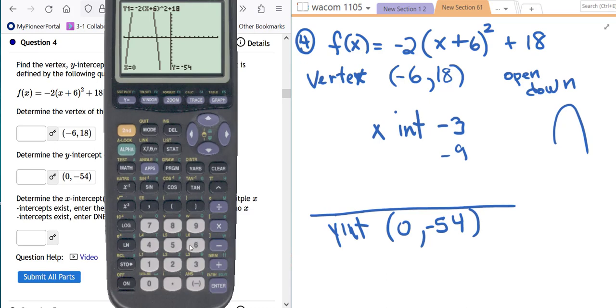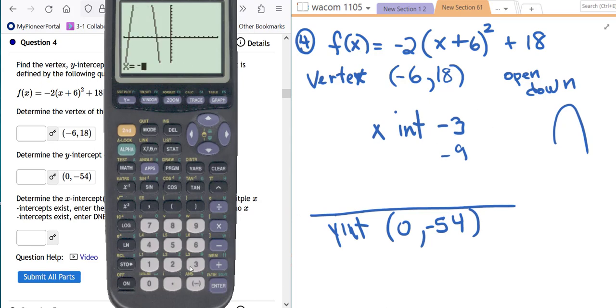All right, this one. I have a good guess at what they are, but I want to verify. Right, and I was doing the right thing. So when I put in x equals negative 3, because that was my guess, so second calc value, enter negative 3. That's your guess.